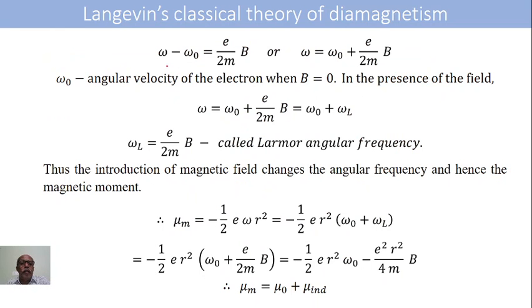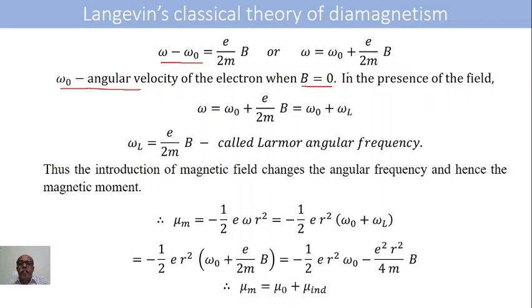We have integrated and substituted the upper and lower limits of integration, that is omega minus omega naught equal to E by 2m into B, or omega equals omega naught plus E by 2m into B, where omega naught is the angular velocity when B is equal to 0, when there is no field.